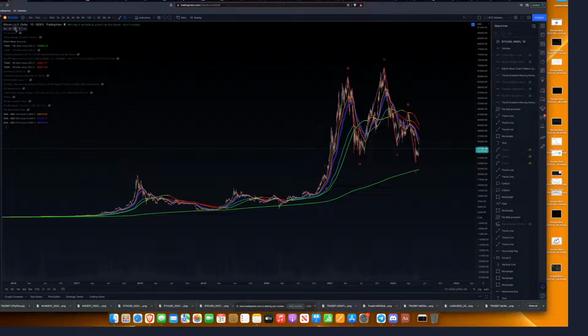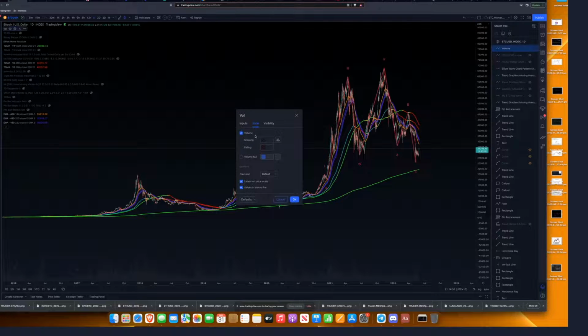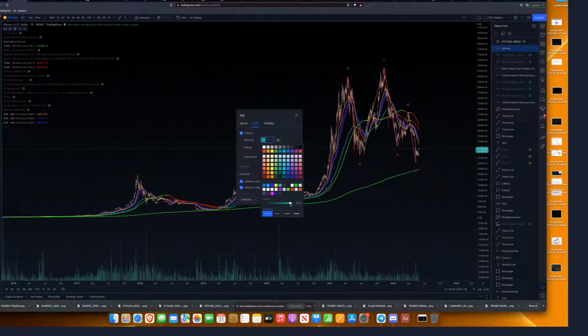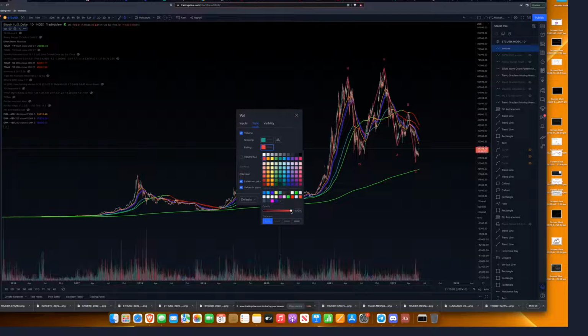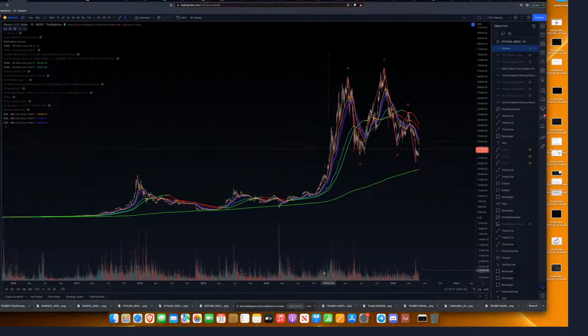Let's make it darker. Yeah, that's not nice. Okay, we can see how the volume is diminished. When we had the bull run, you can see that big run. We had pretty low volume before it started, and the lows were actually lower than that.